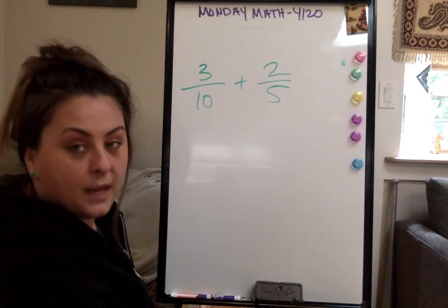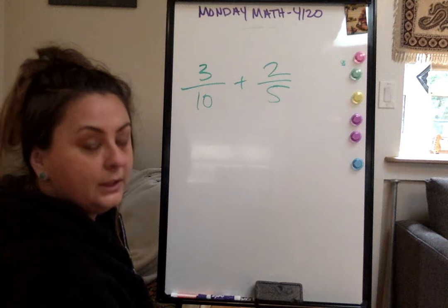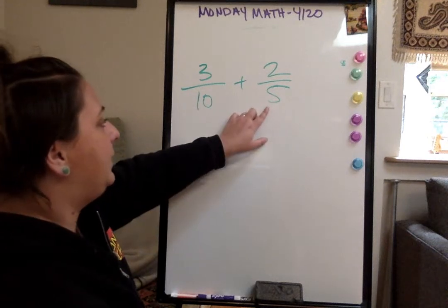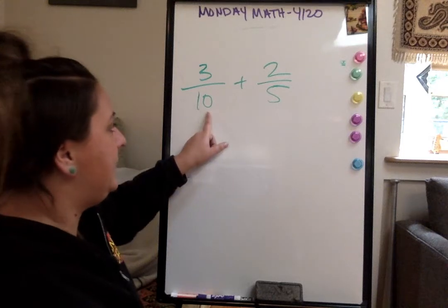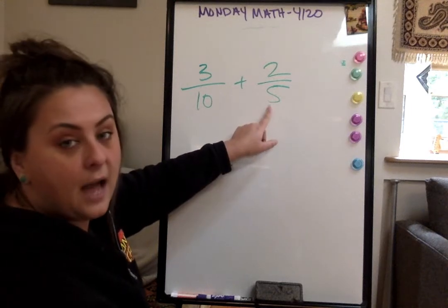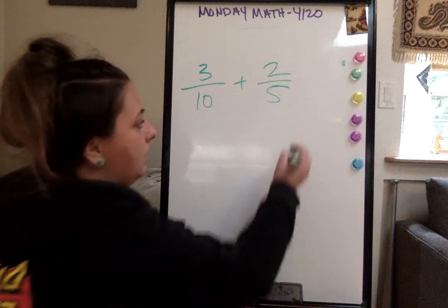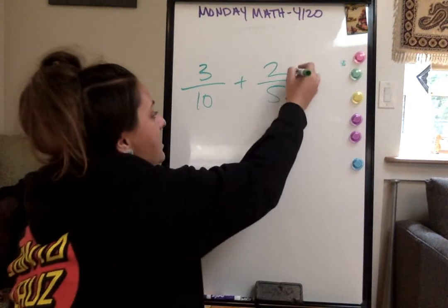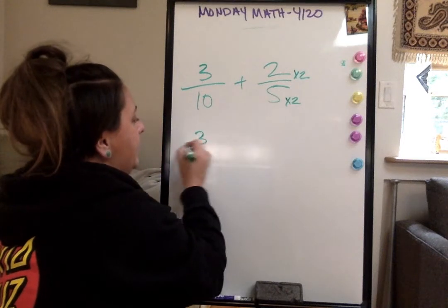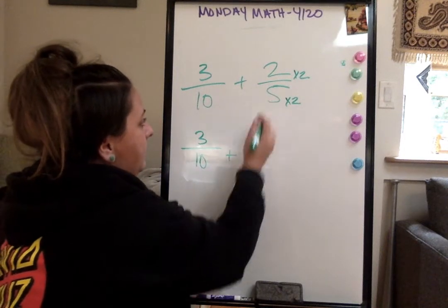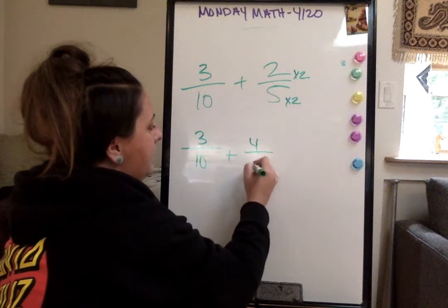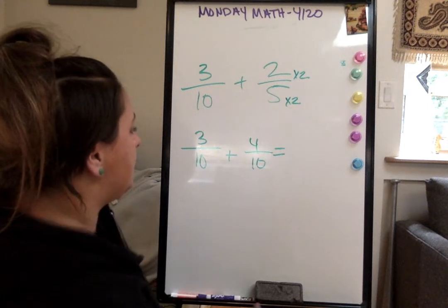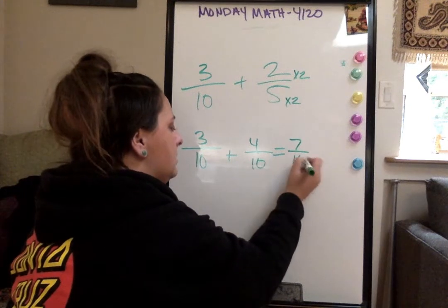I can either skip count, or if I'm really good at my multiplication tables, I know that I can turn a 5 into a 10 to match this. How do I make a 5 into a 10? Times it by 2. Whatever I do to the bottom, I do to the top. So now I have 3/10 plus 4/10 gives me 4 plus 3 is 7. 7/10.